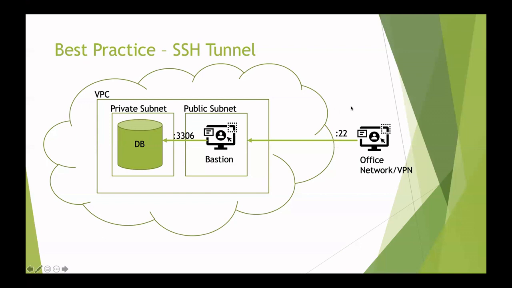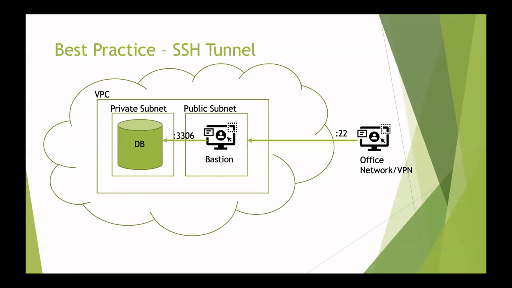And also we have made this more secure, because you see here we are not allowing the internet to access the bastion, but only maybe your office network or a VPN. So that is why I wanted you to download the UIOA VPN client. In order to connect to this bastion, you should be in your office or in your university, or you should be connected to your office VPN or your university's VPN.